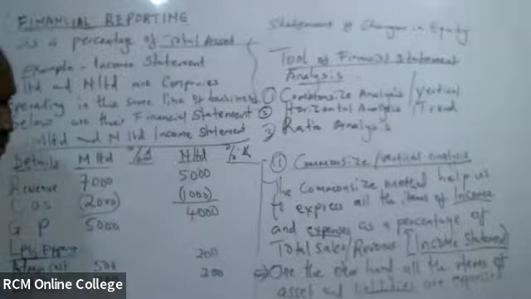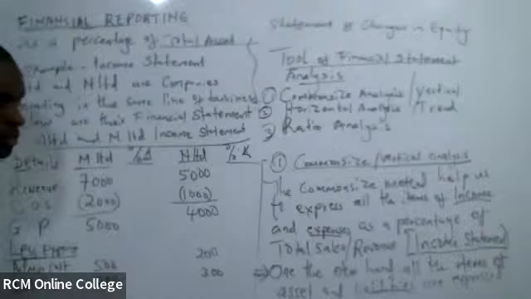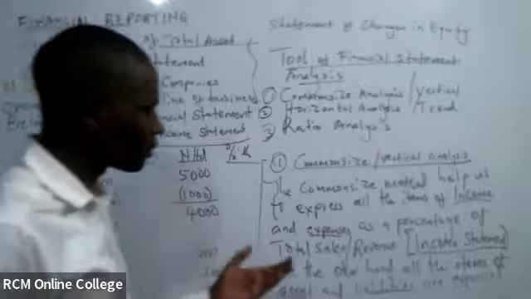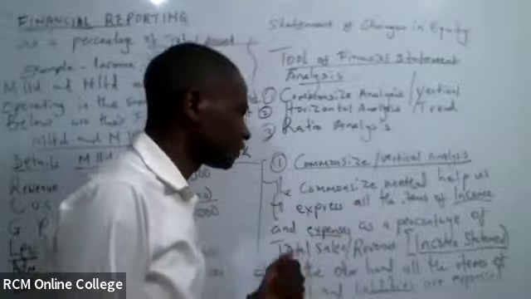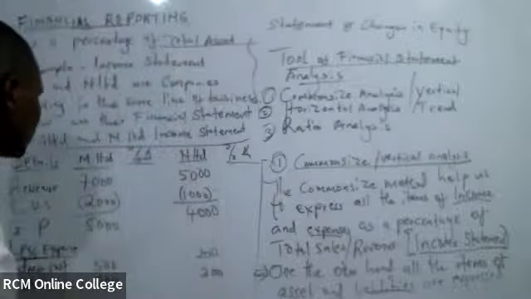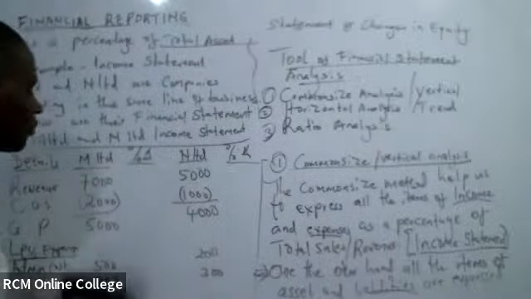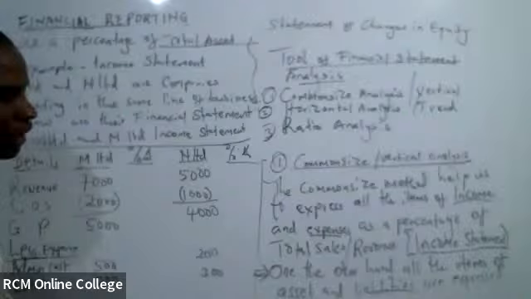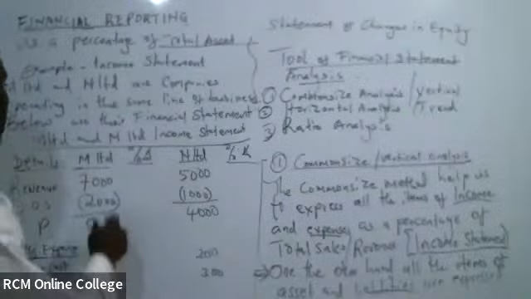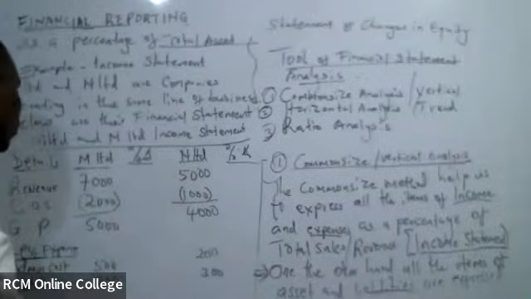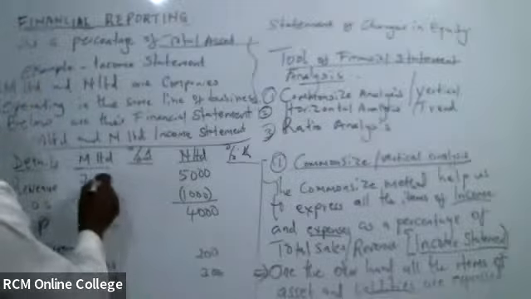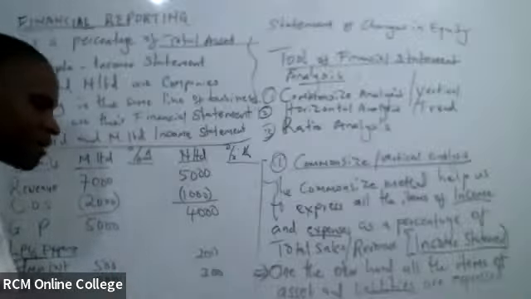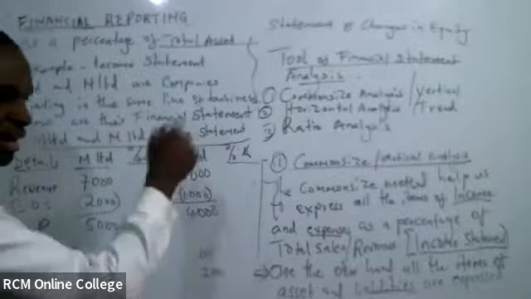And that is it. I will not put all the items, because remember that we said that all the items of income and expenses, any item here, we need to express it. For instance, if I want to get the percentage of my revenue for M Limited, I just pick 7,000 divided by 7,000 times 100.